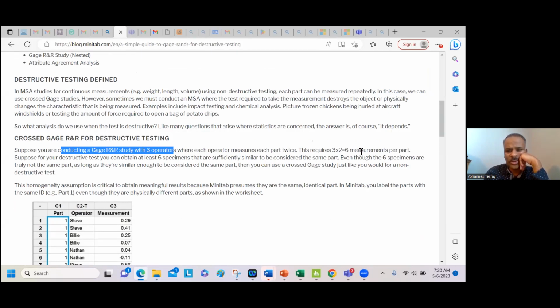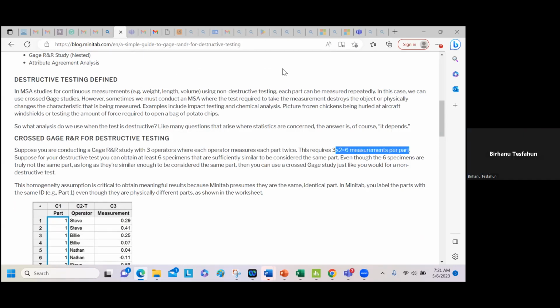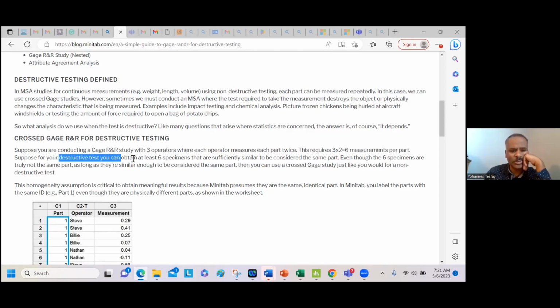Twice, so you have this many measurements per part. Suppose for your destructive tests you can obtain at least 6 specimens that are sufficiently similar to be considered the same part, even though the 6 specimens are not truly the same part, as long as they are similar enough.